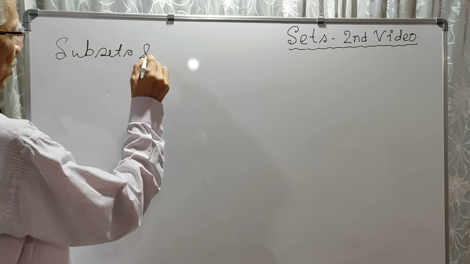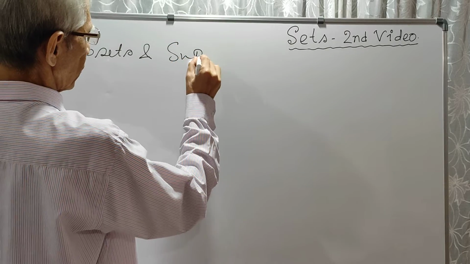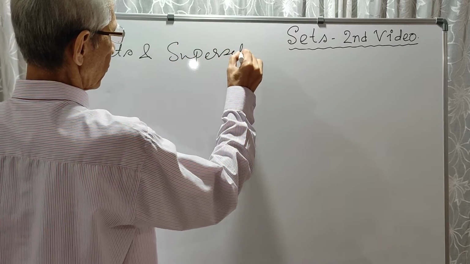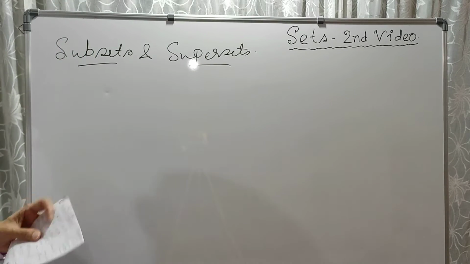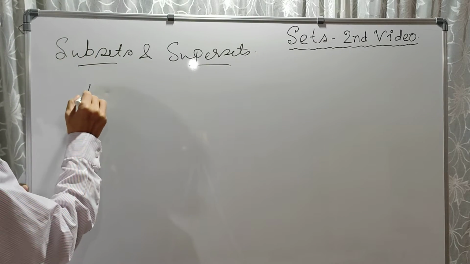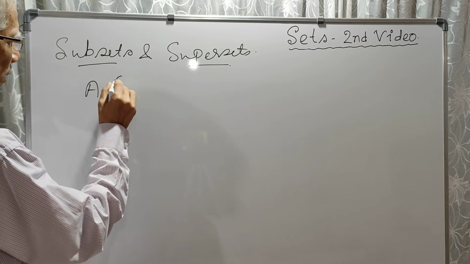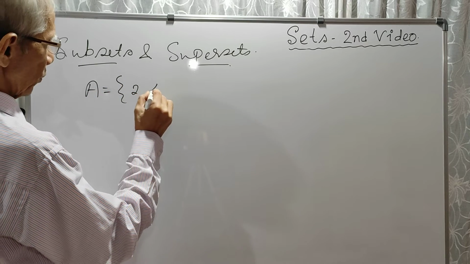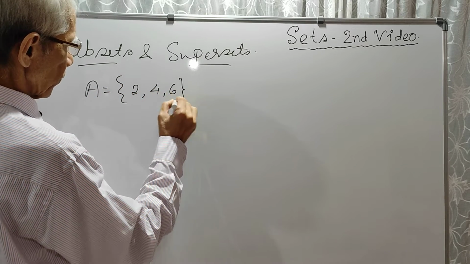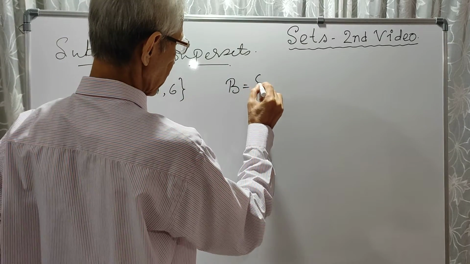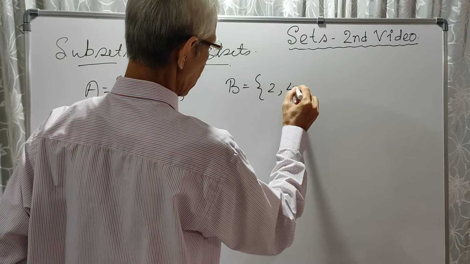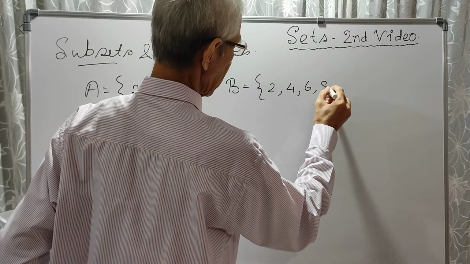Subsets and supersets. Okay. Now suppose A is a set of 2, 4 and 6. Then B is a set of 2, 4, 6, 8.